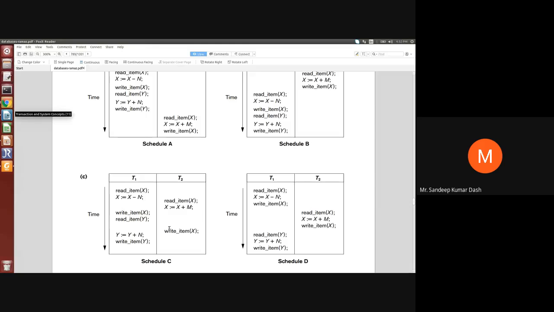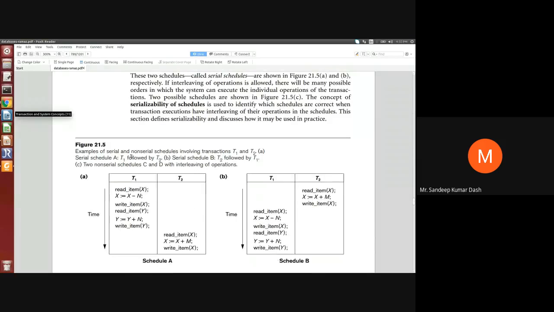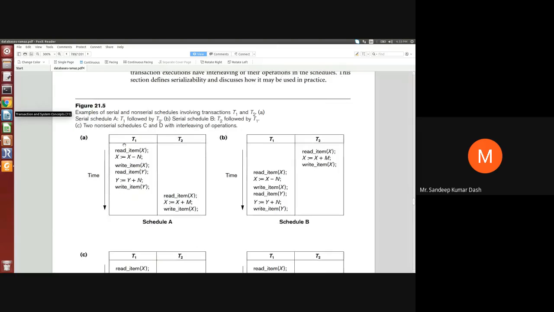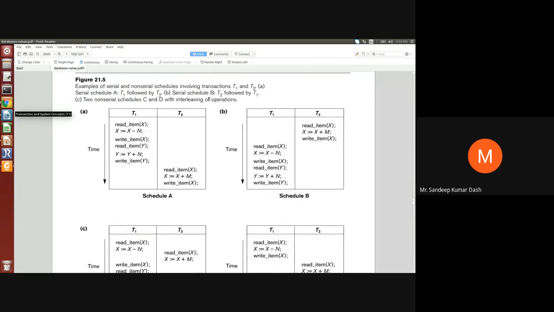So you see here, serial schedule A is T1 followed by T2. Serial schedule B is T2 followed by T1. Then two non-serial schedules, C and D, with interleaving of operations.